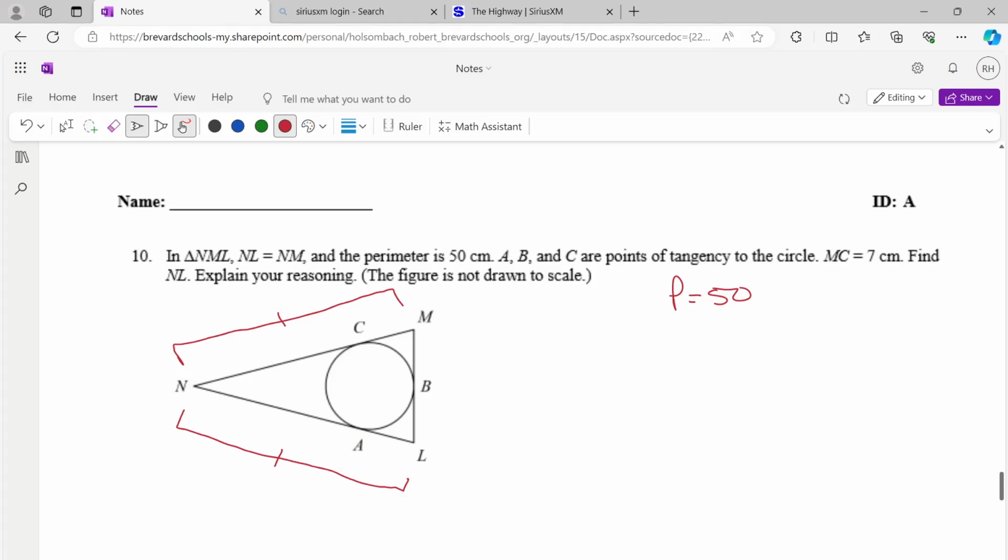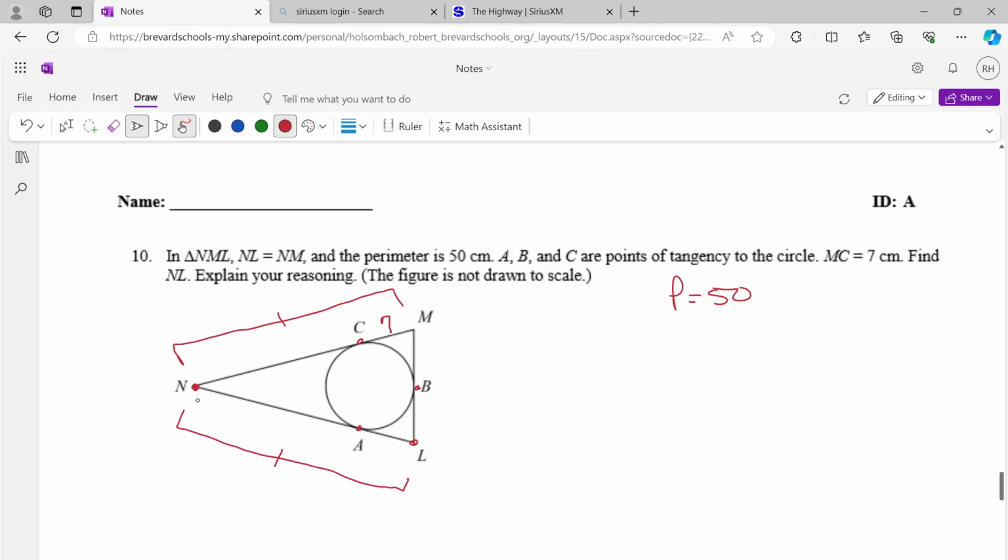A, B, and C are points of tangency. MC equals 7. Find NL, explain your reasoning. We're not going to worry as much about explaining the reason as we are about NL. Here's NL, this left side.